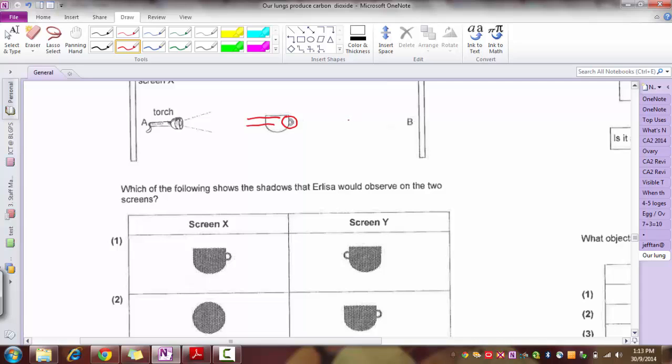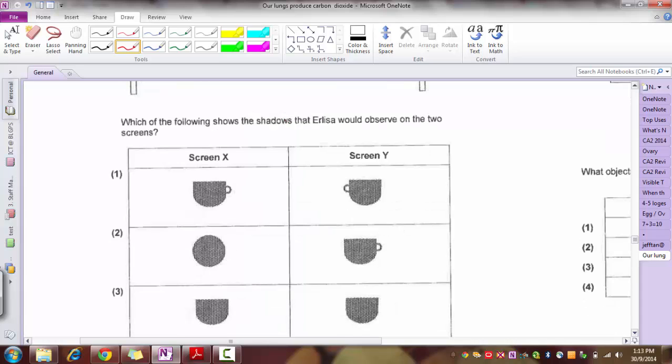If I shine from this direction, the handle is in front and it's still being blocked by the cup. So either way, I shouldn't see my handle. That's why your answer is 3, where the shape of the shadow is the same no matter which direction, because the handle is in the middle. You can't see it.